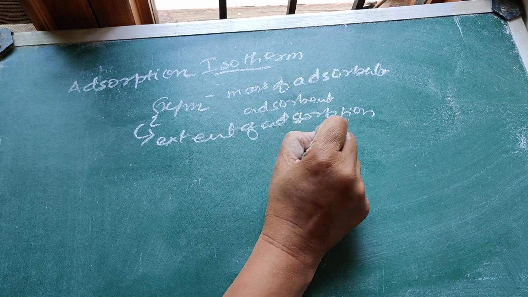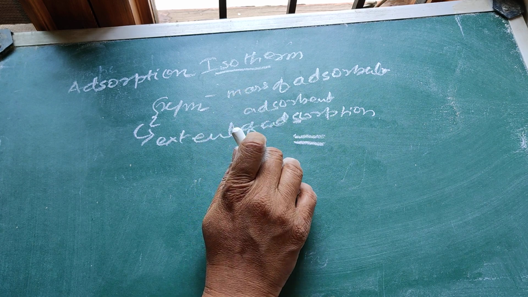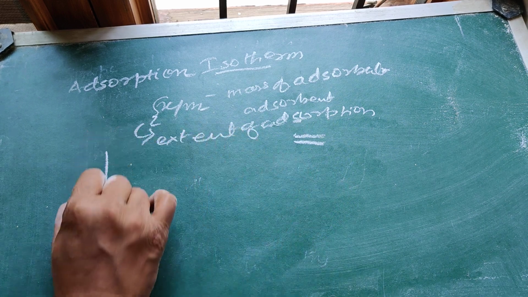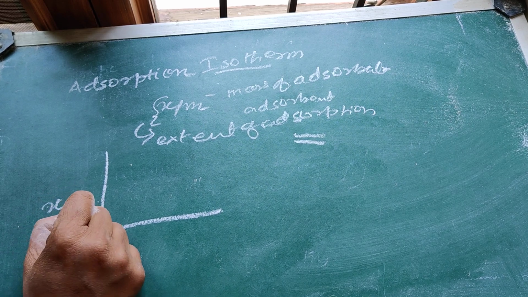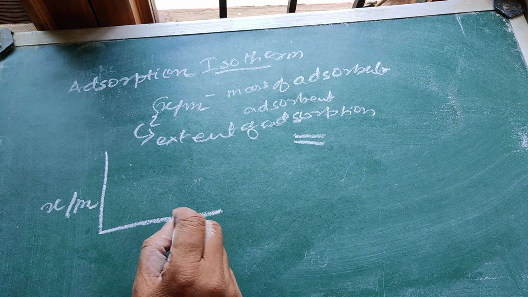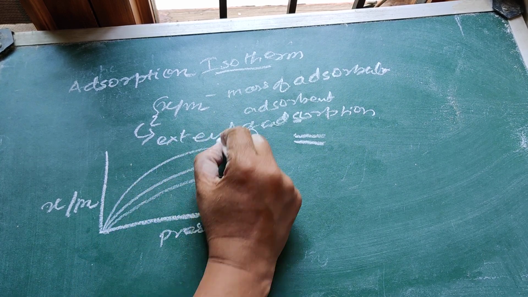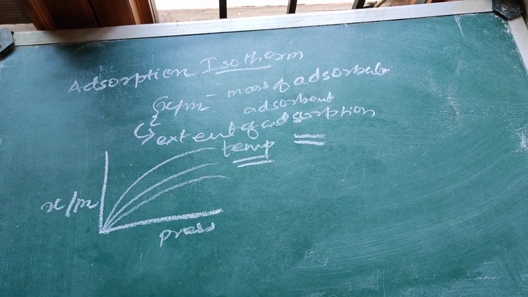It depends upon the pressure of the gas. The relationship between the amount of gas adsorbed by the adsorbent and pressure at constant temperature is called the adsorption isotherm. If you plot a graph between x/m and pressure, the curves you get are the adsorption isotherm, where the temperature remains constant.